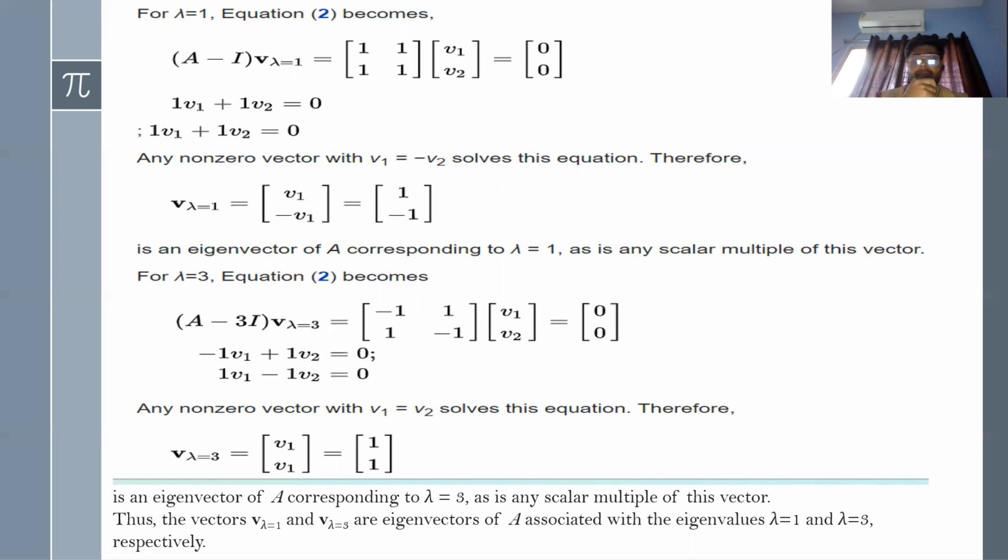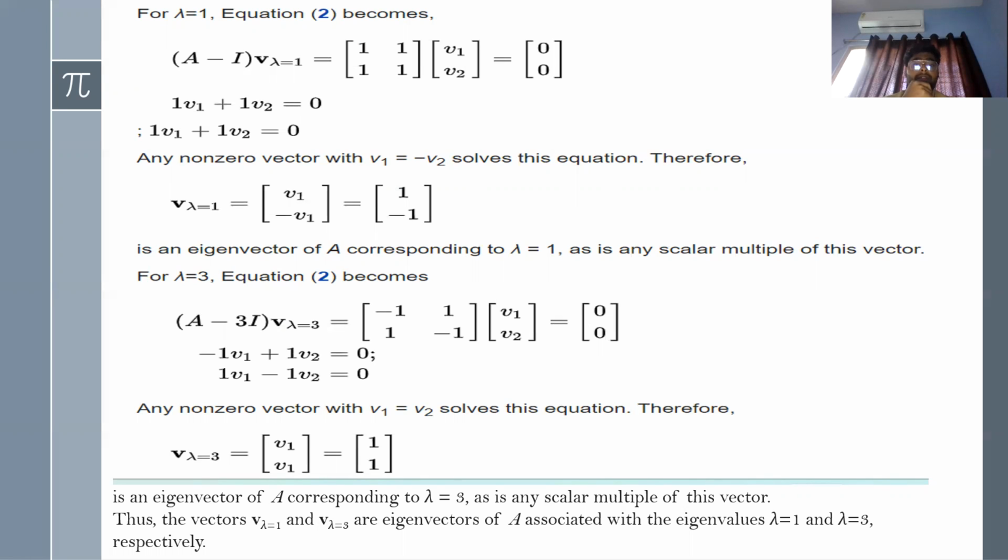When you put lambda equal to 3, equation 2 becomes: any non-zero vector with v1 equal to v2 solves the equation. Therefore, when lambda is equal to 3, v1 comma v1, that is 1 comma 1, is an eigenvector corresponding to lambda 3, as is any scalar multiple of this vector.